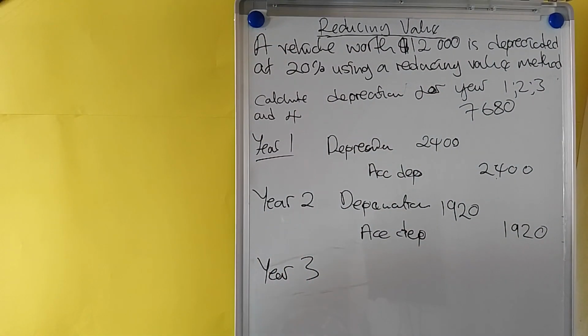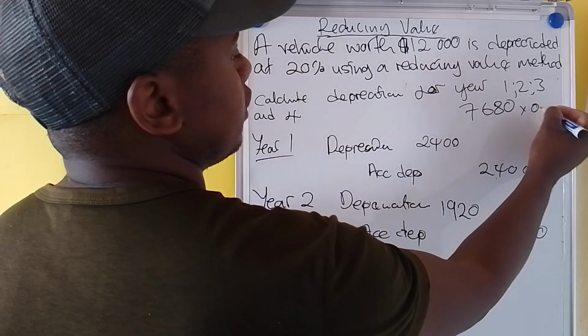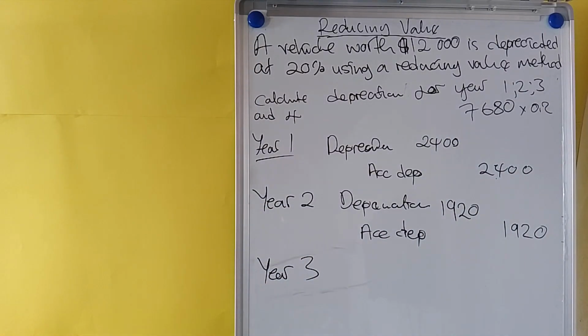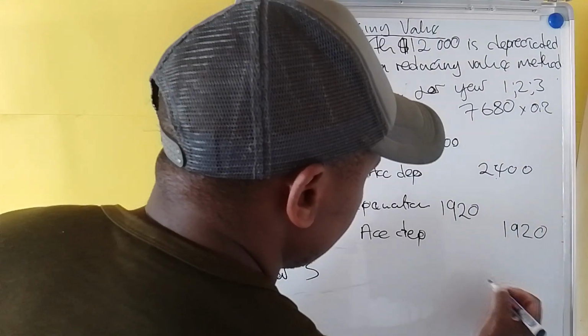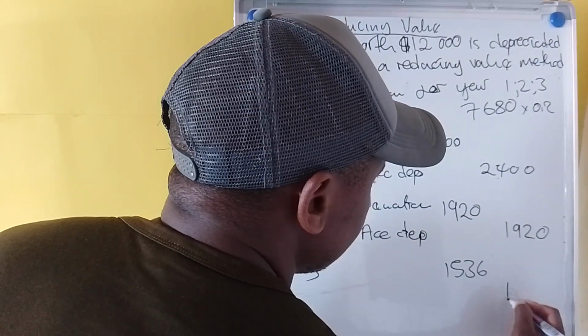For year 3 we charge 20% of the residual value, so our year 3 depreciation will be $1,536.